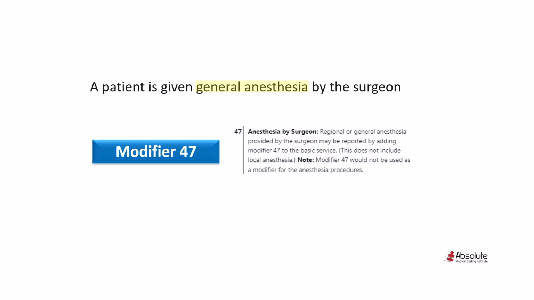And modifier 47 would not be used as a modifier for the anesthesia procedures. Anesthesia procedures have their own modifiers, and you will append modifier 47 to the CPT procedure code. All right, how'd you do? If you learned something, that is priceless.